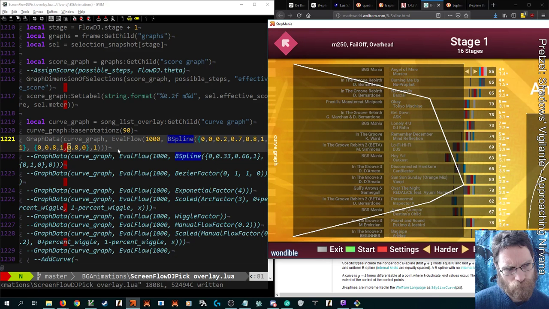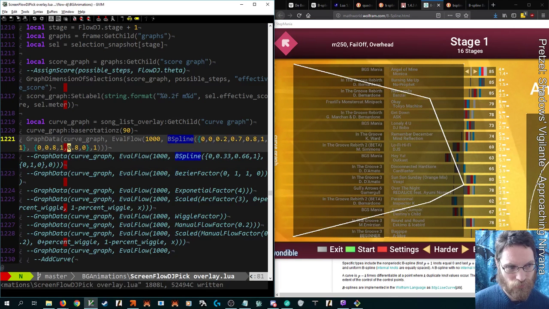It's like the mode ping-pongs a little bit. Oh yeah, because that's actually hitting one. That is kind of weird. So that's a very, very complicated version of my manual flow.